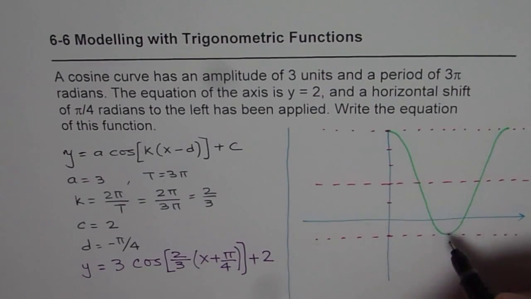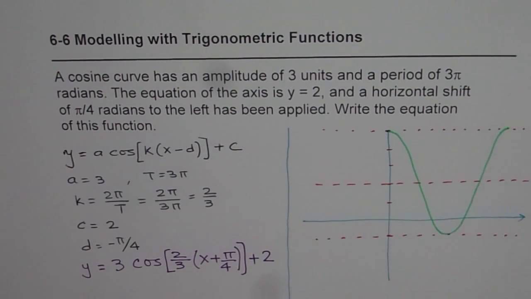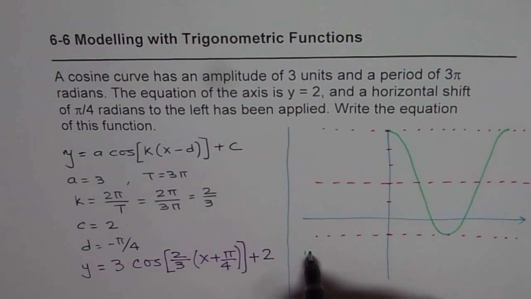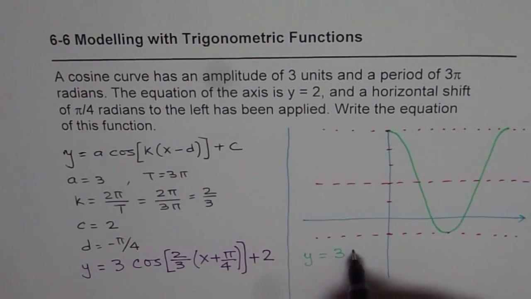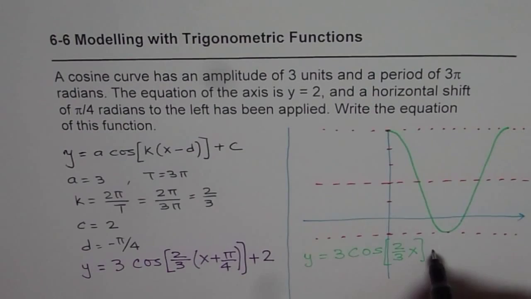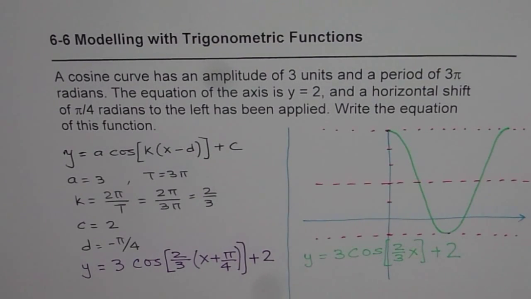This has been drawn deliberately in light color. Let me write the equation of this function: y equals 3 times cos of 2 over 3 x, plus 2. This is not our final answer, correct?